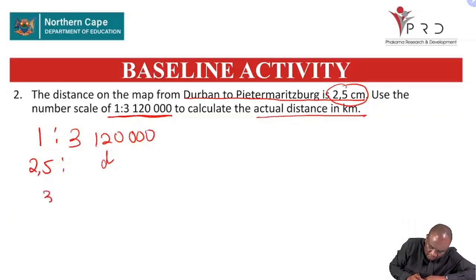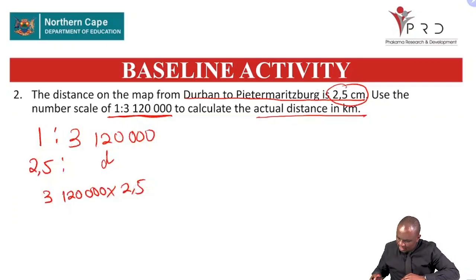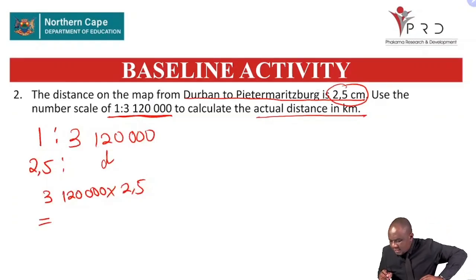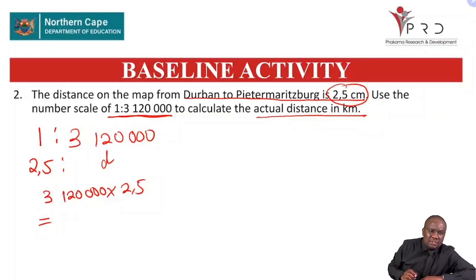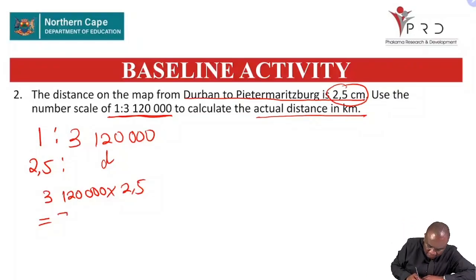Let's do that. I brought my calculator here so that I don't need to struggle. 3,120,000 times 2.5. What do we get? We're getting 7,800,000. Please, you should be doing this. Just do it with your calculator, and then what number do you get?